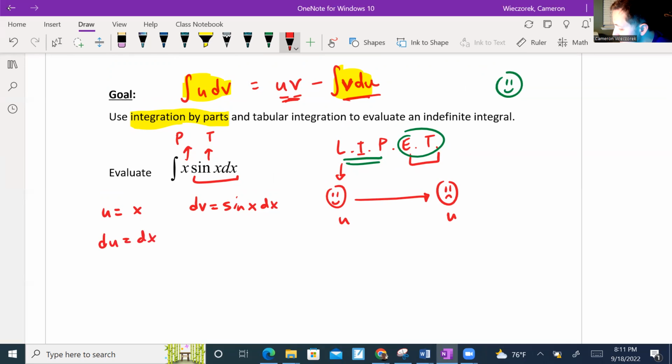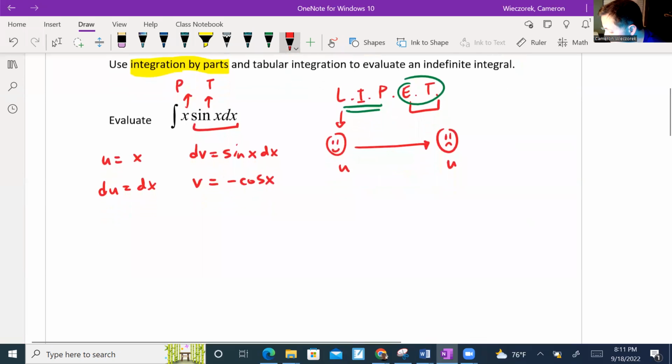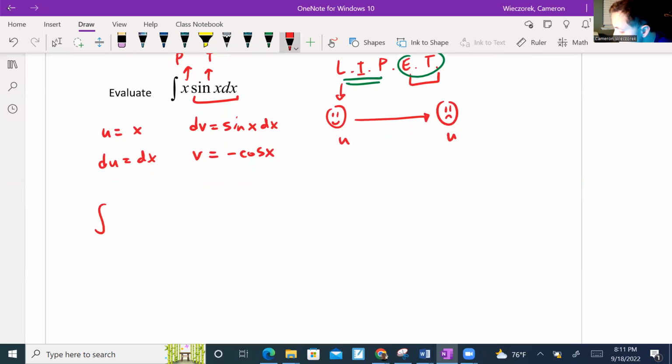If dv is equal to sine x dx, to get from dv to v, I would take the antiderivative. The antiderivative of sine would be negative cosine of x. I'm not going to put the plus c right now because the plus c is going to come at the very end of the problem. Okay, so what we get is that the integral of x times the sine of x dx is uv minus the integral of v du.